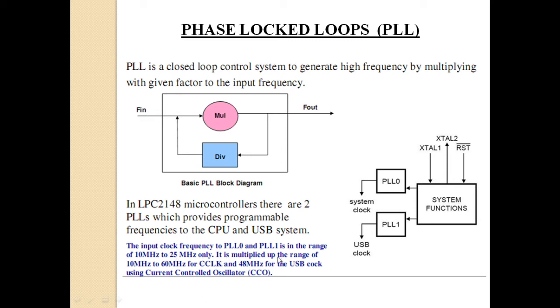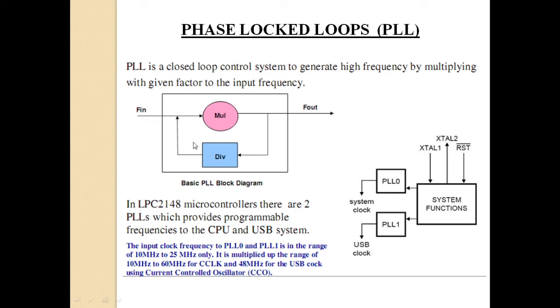This can be multiplied to a maximum of 60 megahertz. So if you give 12 megahertz, you can multiply it to a maximum of 60 megahertz. The maximum frequency output will be 60 megahertz, the maximum frequency input will be 25 megahertz, and the USB clock will be fixed at 48 megahertz, right?